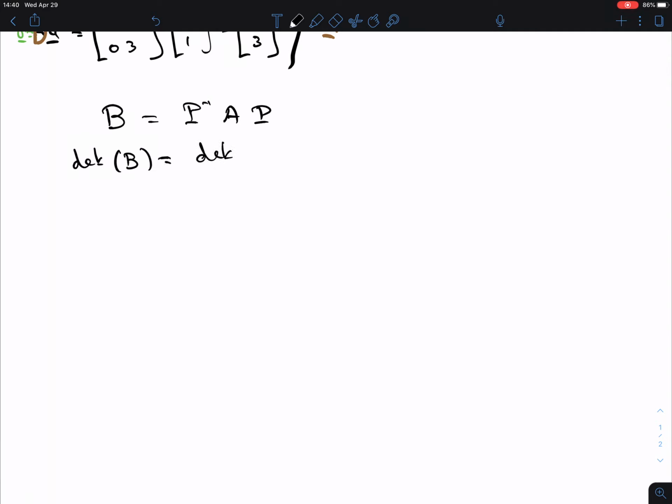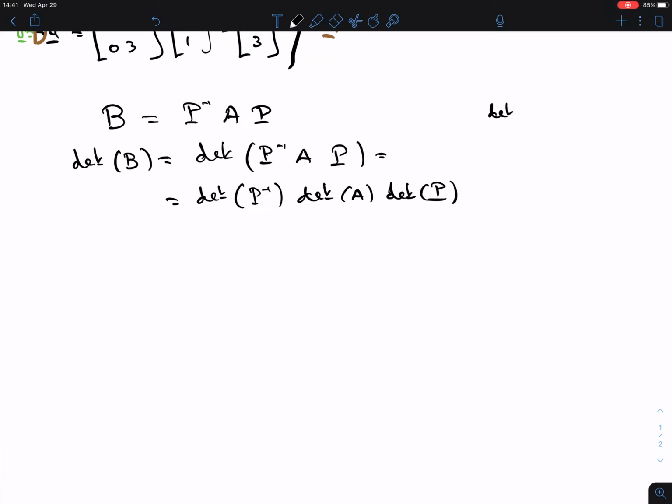Well, go look up how you calculate the determinant of a product. Luckily that is just the product of the determinants. Okay, it's not true for sums, but it is true for products. So determinant of P inverse, determinant of A, determinant of P. Now, we know that the determinant of P is non-zero because P is invertible, but we don't know what it is.